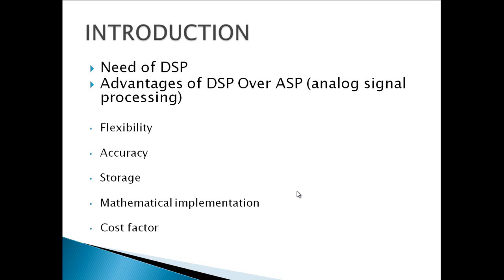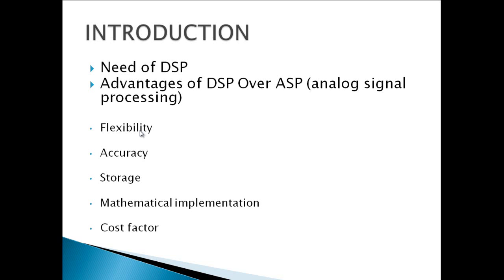Now first, you know that digital signal processing systems, like I have discussed here, are more flexible. What do you mean by flexibility? That is, the system can be configured for some other operations by simply changing the software program. Any examples that you can think of?